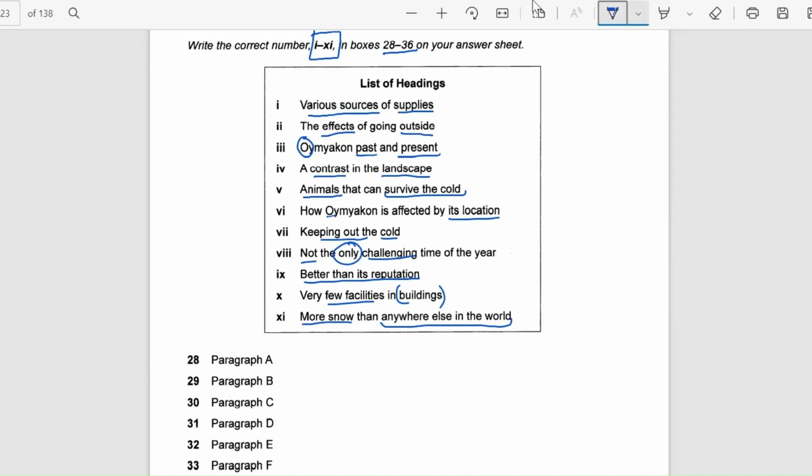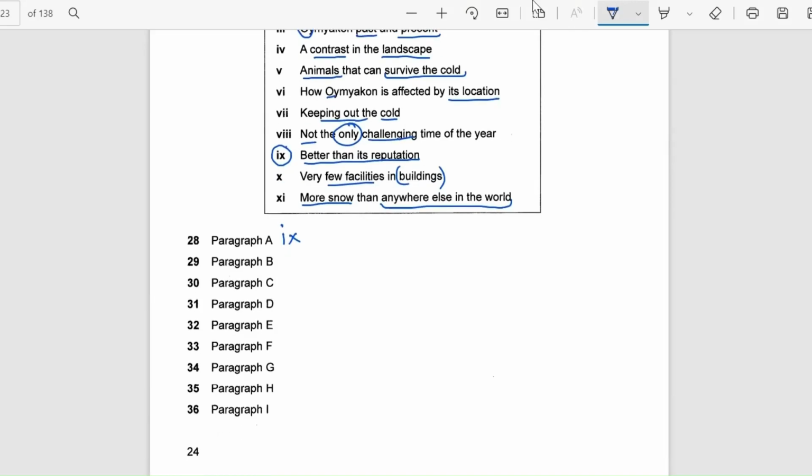But when you look at all the options and shortlist them, you see that what we discussed as point 9 is coming out clearly here. So it's saying that it is better than its reputation, and that is why I have marked against paragraph A the ninth option.